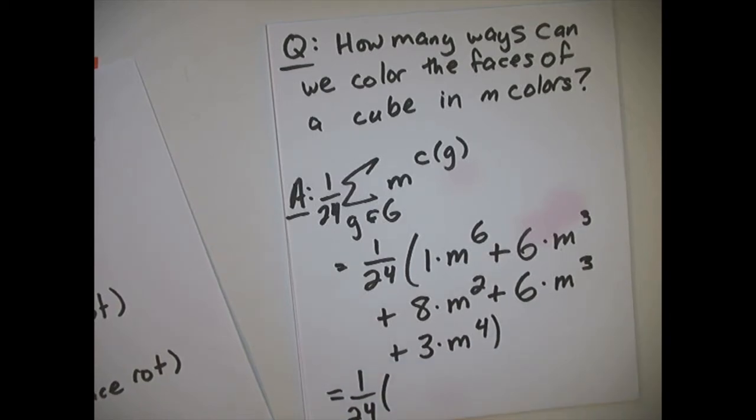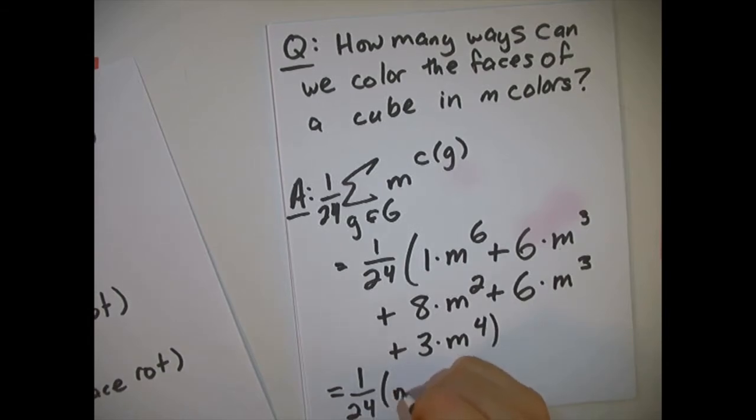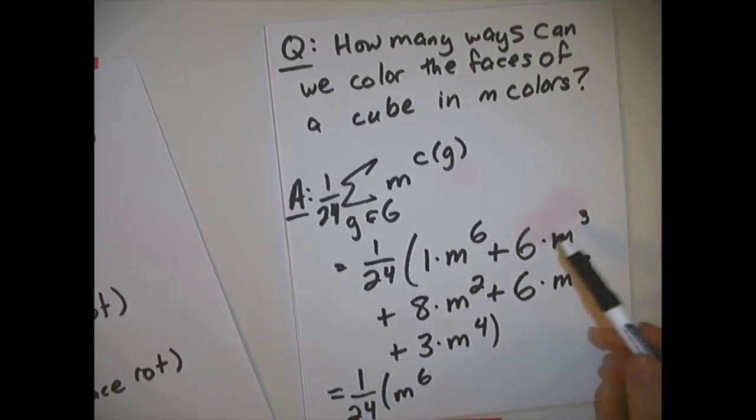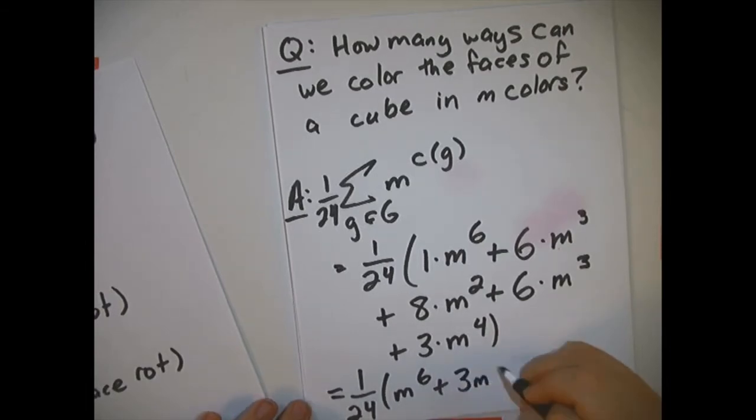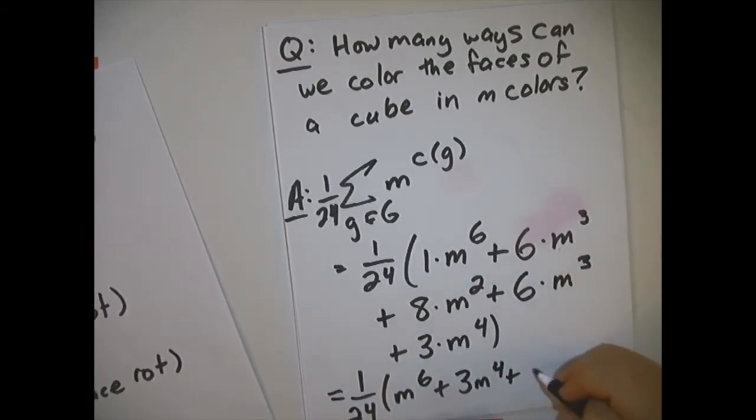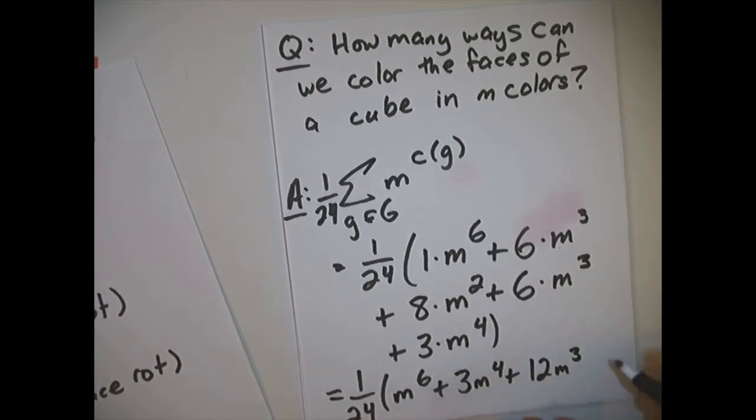All right, and so that means the number of ways to color the faces of a cube in m colors is 1/24 of m to the 6th plus 3m to the 4th plus 12m cubed plus 8m squared.